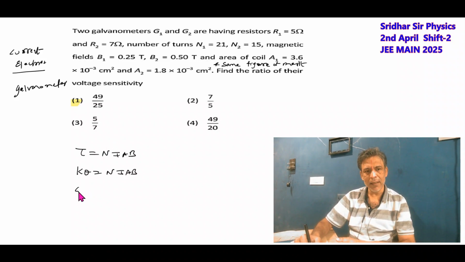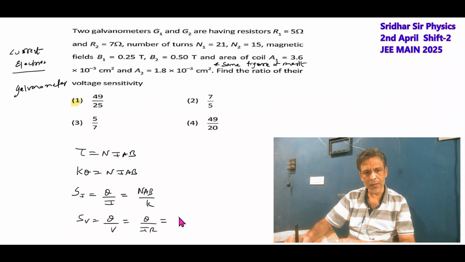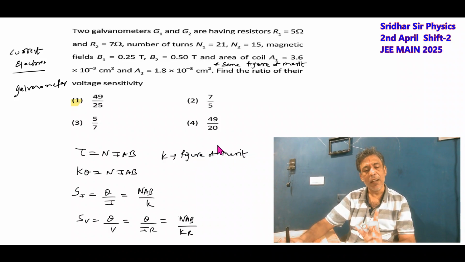Then current sensitivity, say SI, is theta by I, which is equal to NAB by K. Voltage sensitivity, theta by V, is equal to theta by IR, which is NAB by KR, where K is the figure of merit. If you remember the formula, okay, fine. Without the formula, you can't solve this problem.